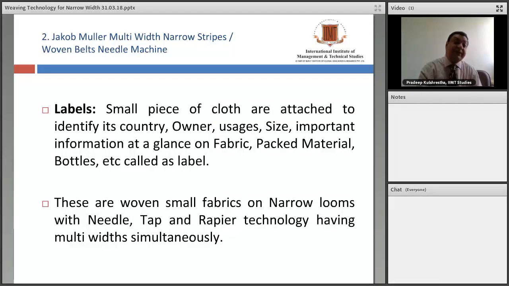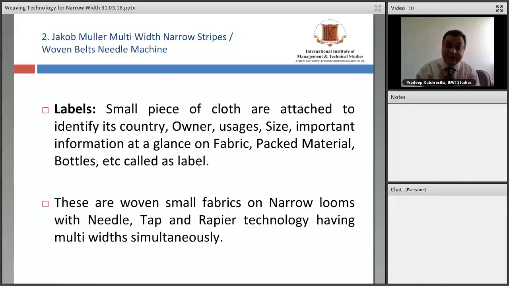Now, if we come to the labels, see, the use of labels is everywhere in the commercial market, and goods are sold by labels. So these machines are very much needed for making labels.